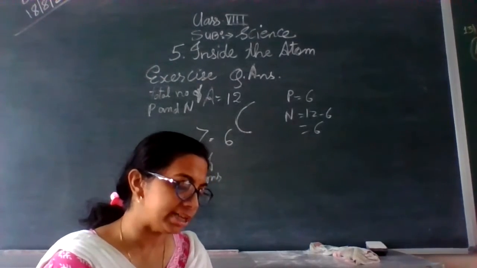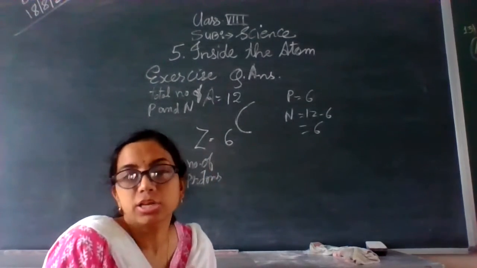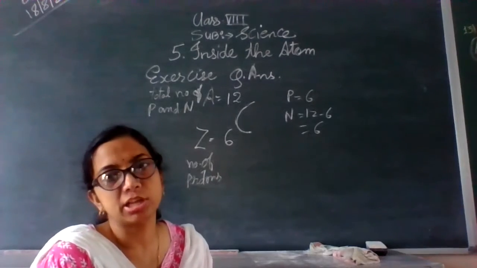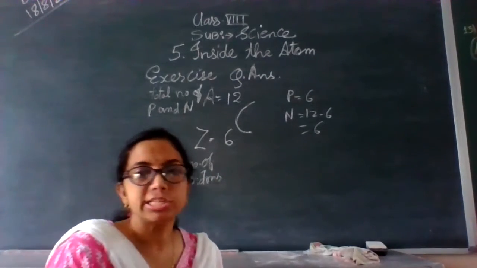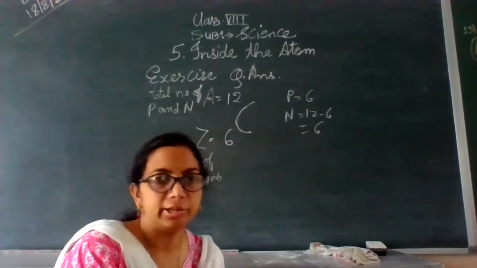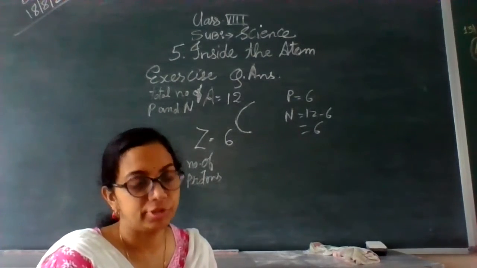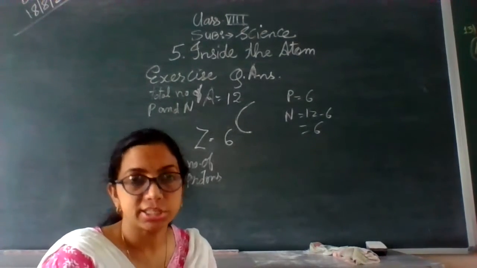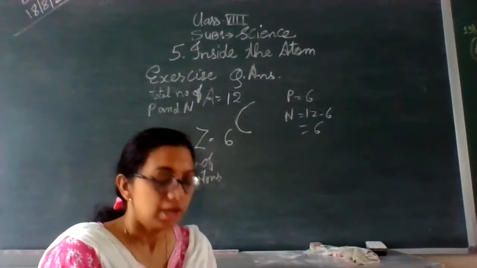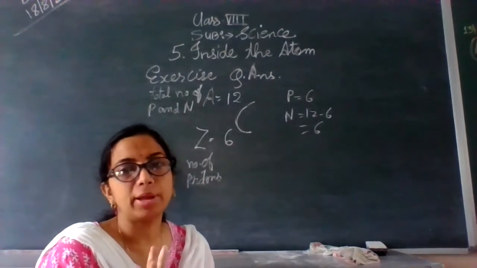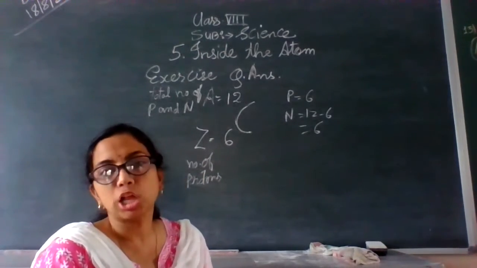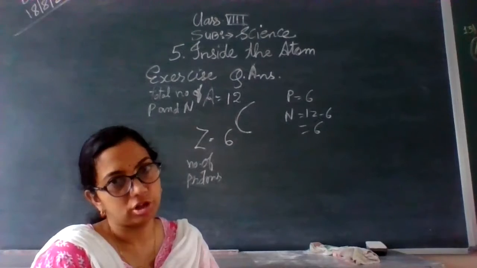Next question is, what is meant by subatomic particle? Subatomic particles means the particles that are present inside the atom. We all by now know the structure of the atom, and we know that there are 3 subatomic particles: protons, neutrons, and electrons.